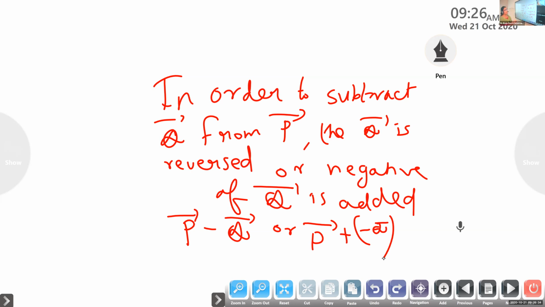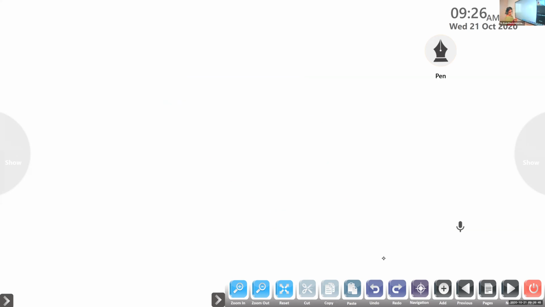Then how do we represent it in diagrams? Just think this is vector p and there is another vector in the same direction, that is vector q. They both are in the same direction.